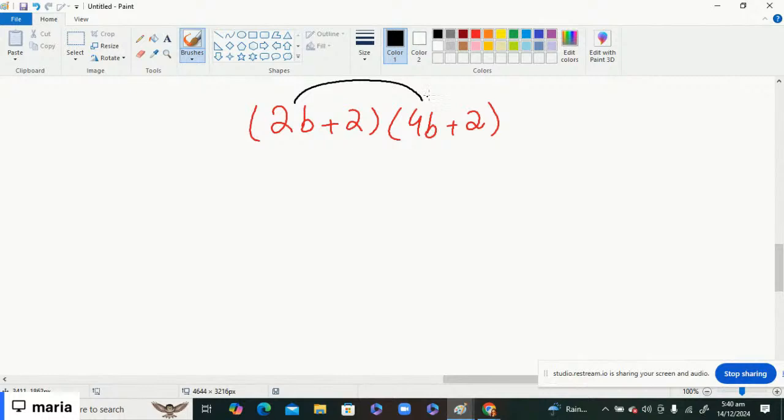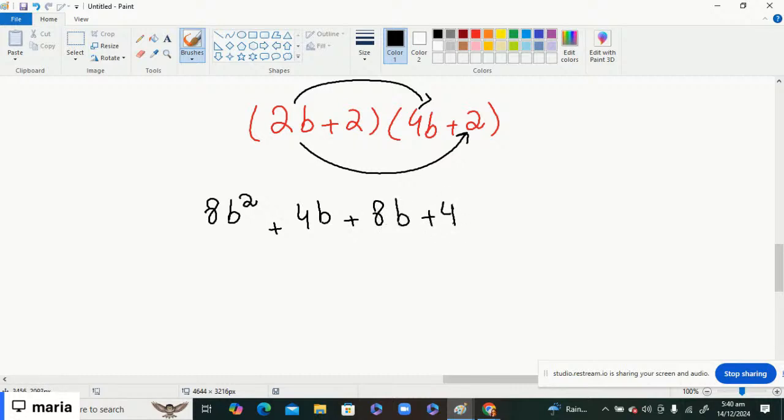First of all, multiply this with this one and then this with this one. 2 times 4 is 8b square plus 2 times 2 is 4b plus 2 times 4 is 8b, and then 2 times 2 is 4.